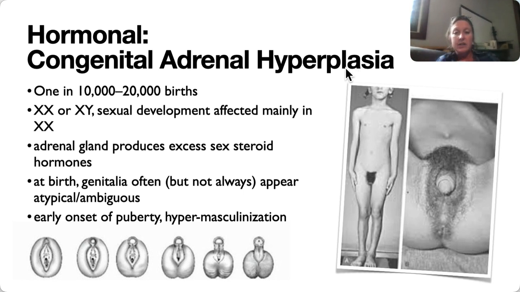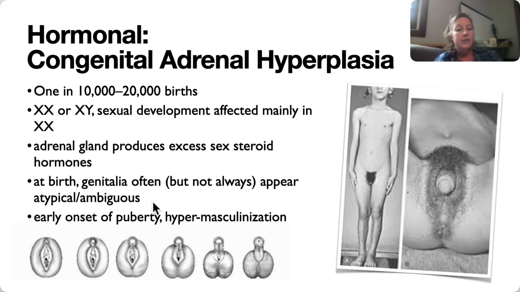This occurs in 1 in 10,000 to 20,000 live births. These individuals, it doesn't matter what their genetic sex is. They can be XX or XY because the issue is that the adrenal gland is overactive, which we all have. So it produces extra estrogen and extra testosterone.